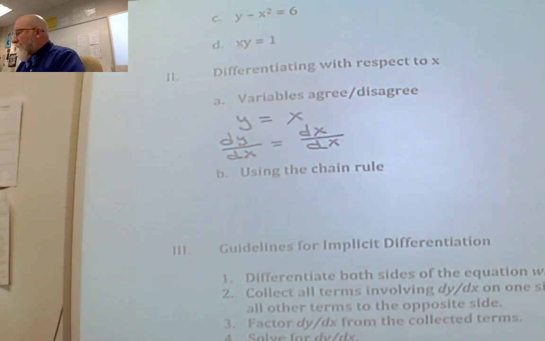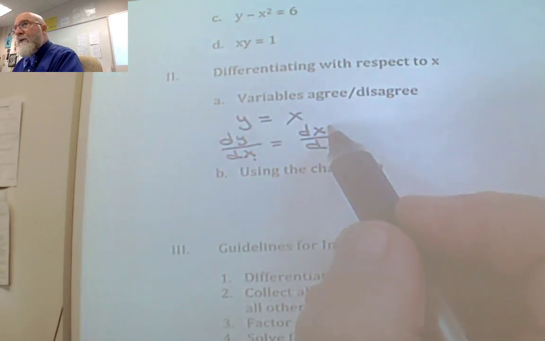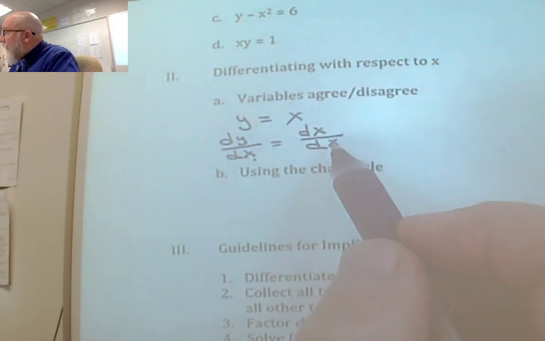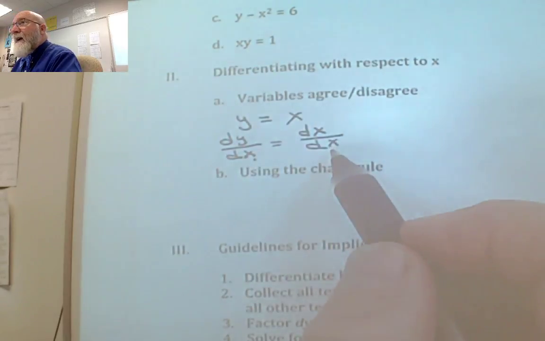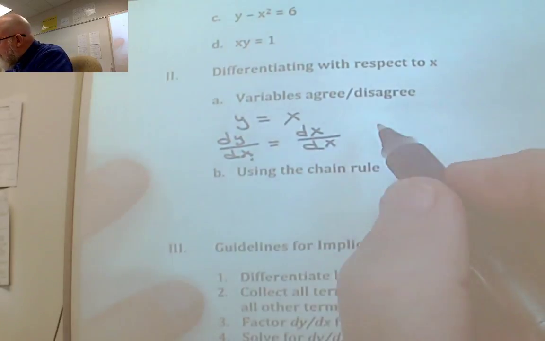What I am saying when I say that is the change in y over the change in x is equal to the change in x over the change in x. Now, what do you suppose dx over dx is? 1.